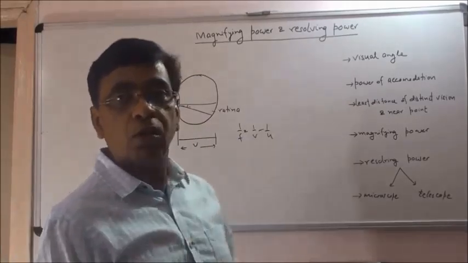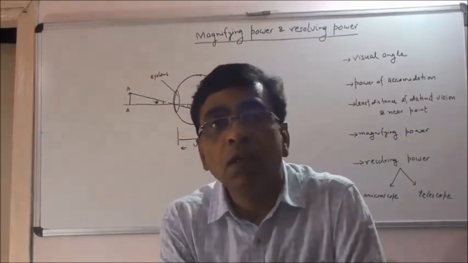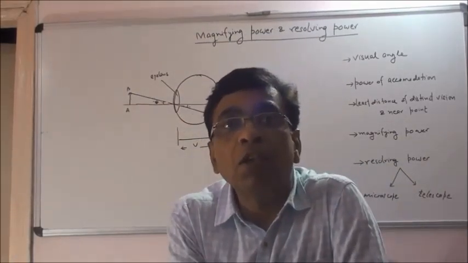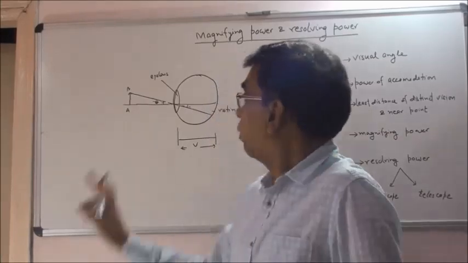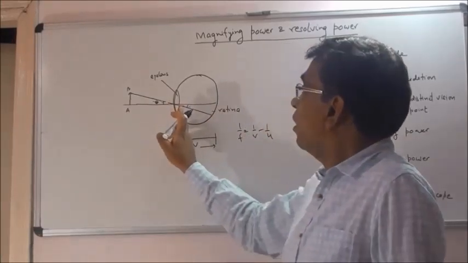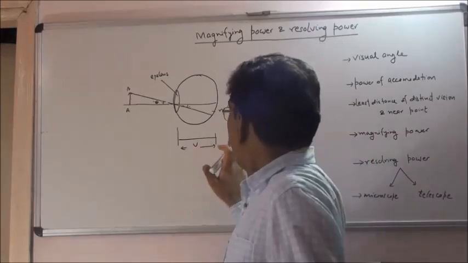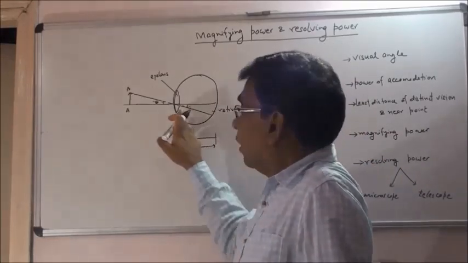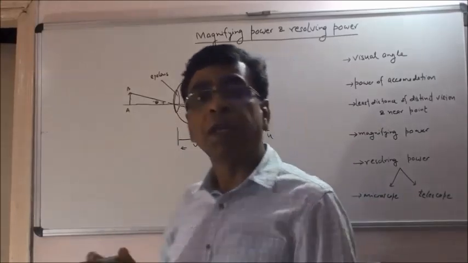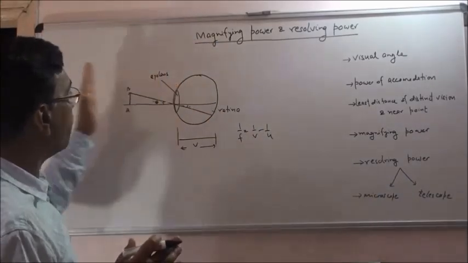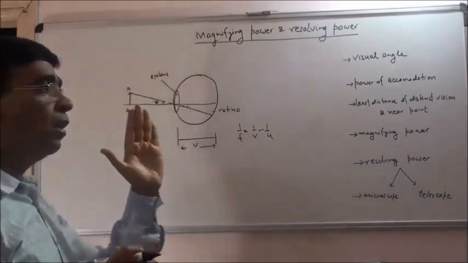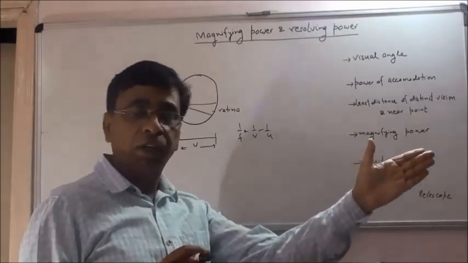So the muscles of the eyes, they have this capacity to change the curvature of the two surfaces. As a result, the focal length changes. Focal length depends on the radii of curvatures. So focal length of the eye lens keeps on changing. It varies when the object is far away, or we say eye is focused at infinity.